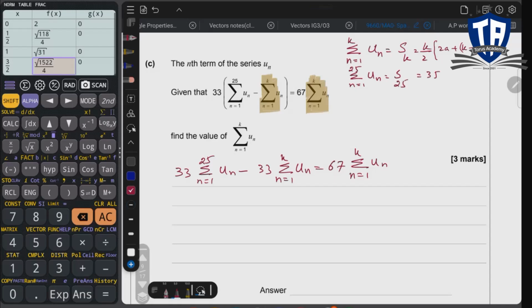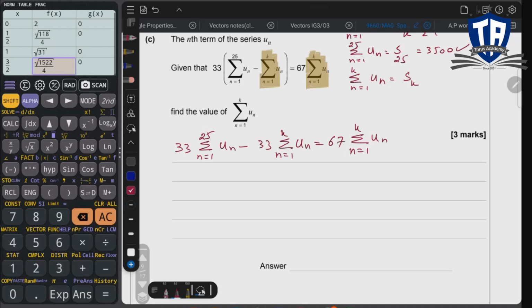Let me write the value: summation 1 to k of un is equal to Sk. Simplify this equation. It is minus 33 of 3500. Let me check it. The sum of this value is 3500.